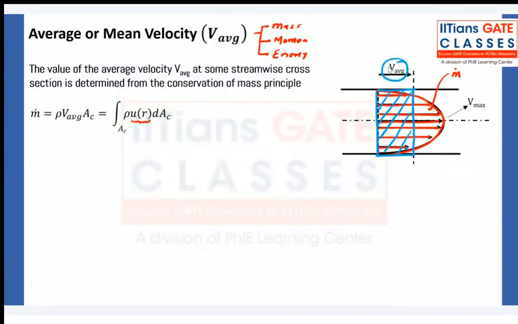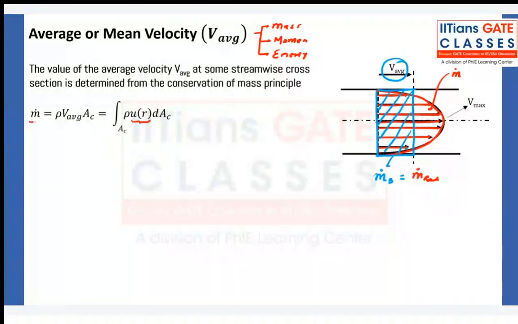The mass flow rate in this blue region is equal to the mass flow rate in this red region. In the red region, my velocity is continuously changing in the r direction, but in my blue region it is not changing. I have taken some average velocity, but it compensates for the same mass as in the red region. So I have applied mass conservation for the blue and red regions.